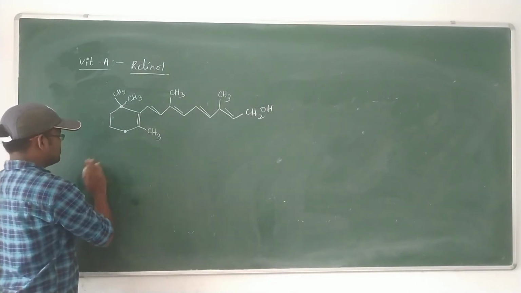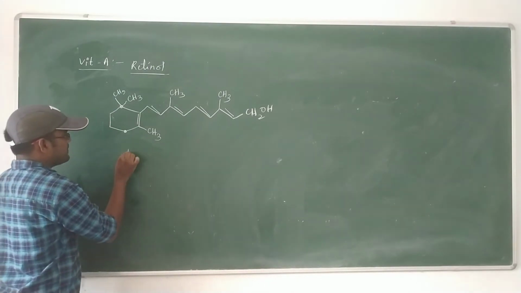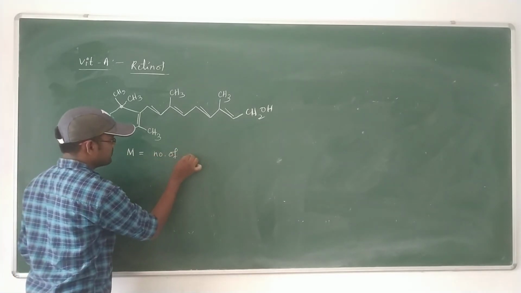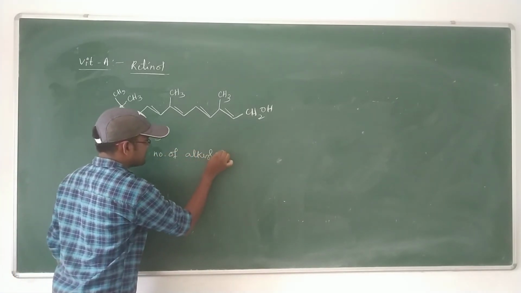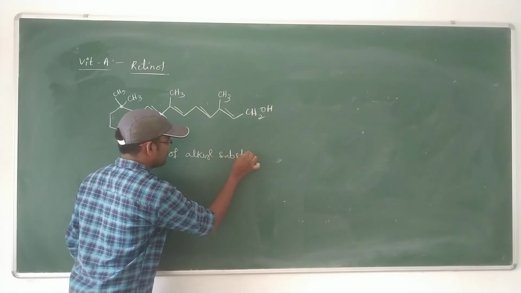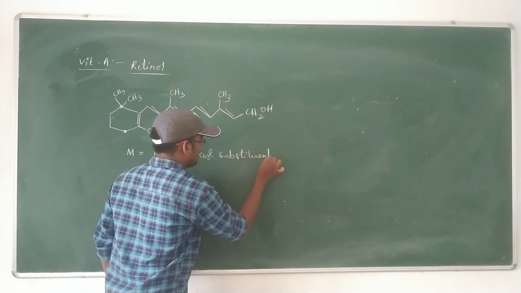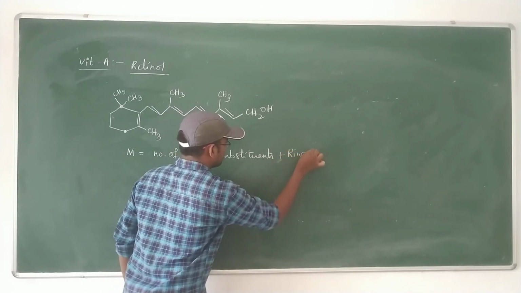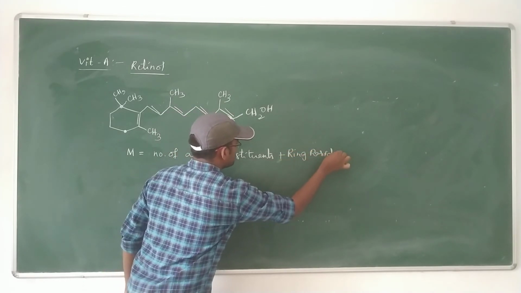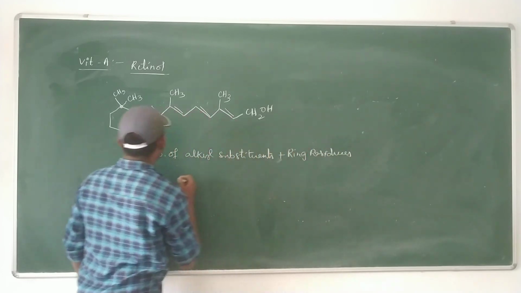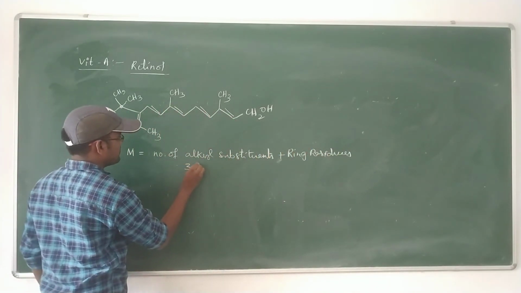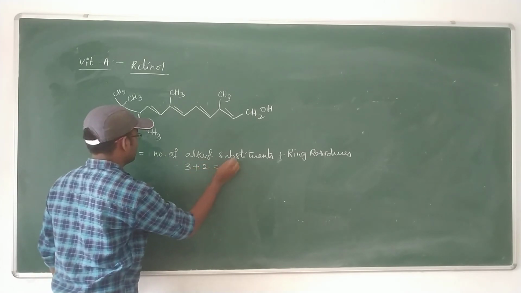According to the structure, m is equal to the number of alkyl substituents plus ring residues: 3 alkyl substituents plus 2 ring residues. m is equal to 5.